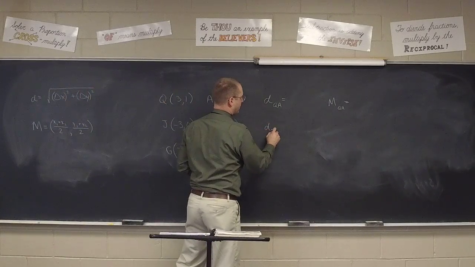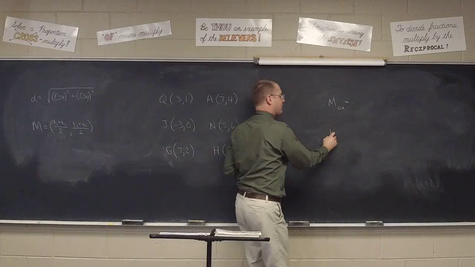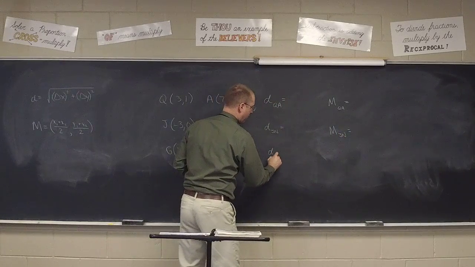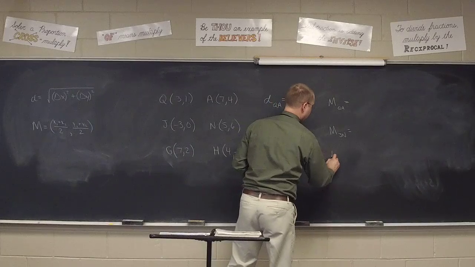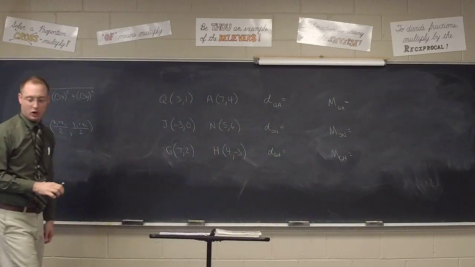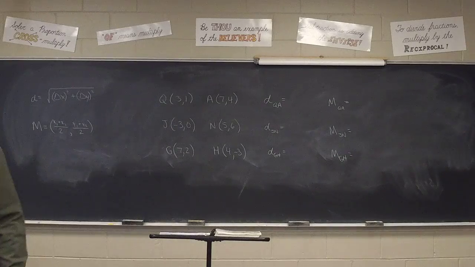We could also find the length of JN and the midpoint of JN, or the length of GH and the midpoint of GH. At your seats, I want you to find all three lengths, all three midpoints. And then we'll take a look at that homework. They kind of built on these concepts, but took them a little further and tied them back into geometry from last year.